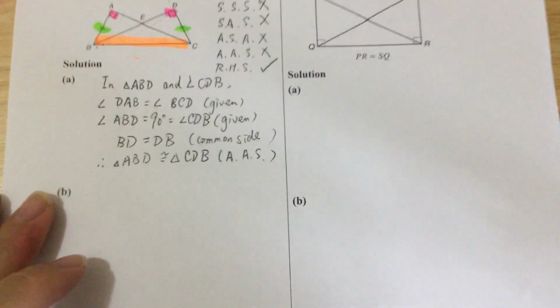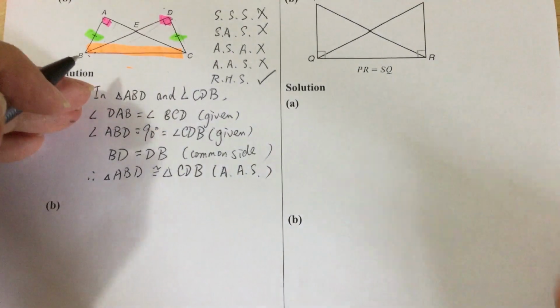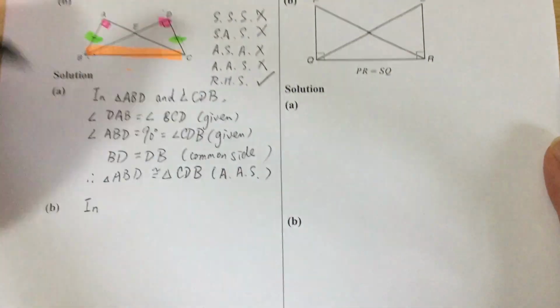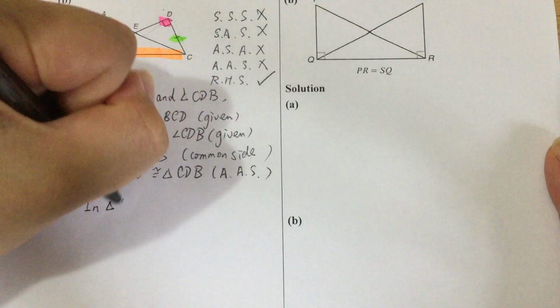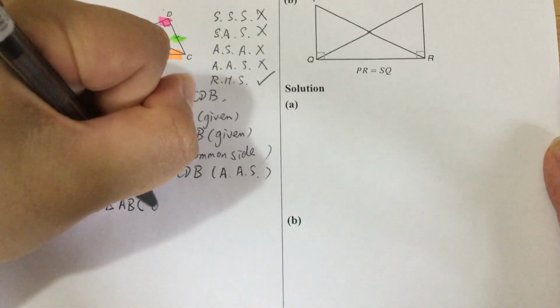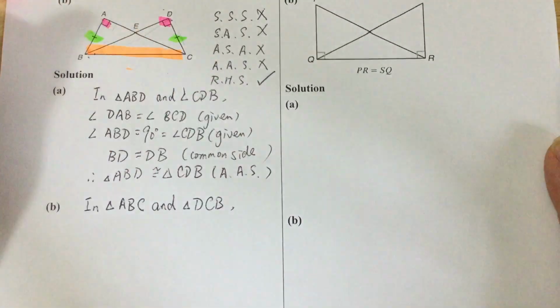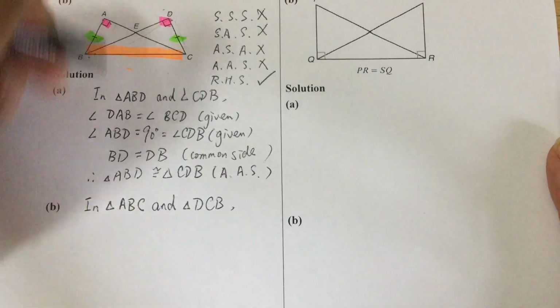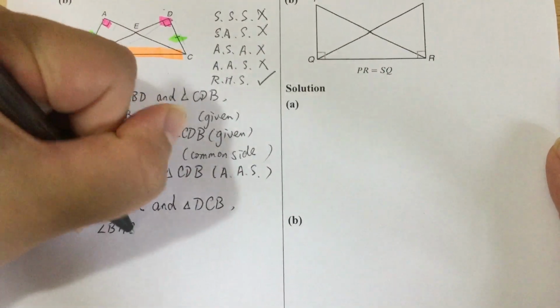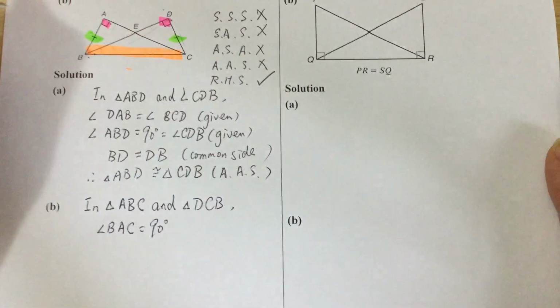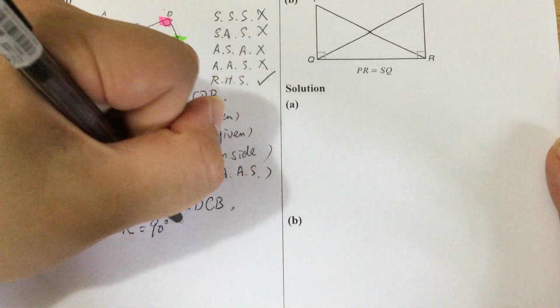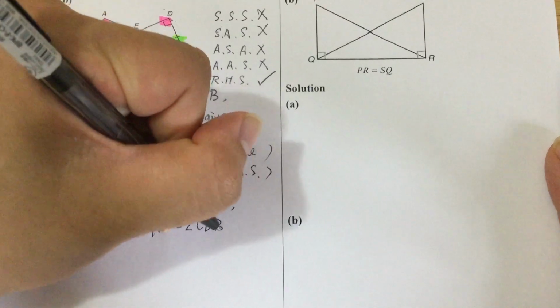So let's look at the question and write down the answer. In triangle ABC and triangle DCB, one by one, RHS: angle BAC, we must write down 90 degrees here because this is our right angle, and equal angle CDB, given.